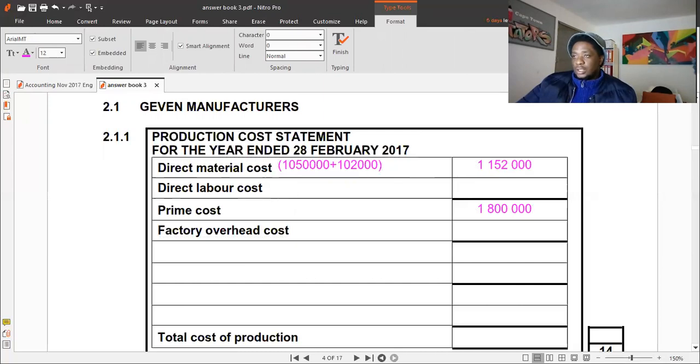So to calculate this, we say 1,800,000 minus 1,152,000, and then we get 648,000. So it's 648,000 for the direct labor cost. And then we move on to the factory overhead cost.